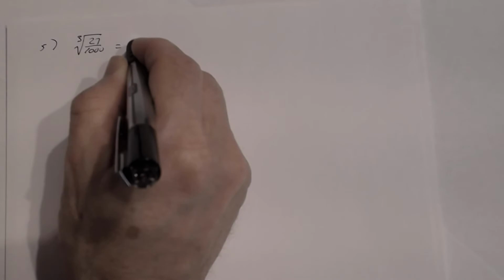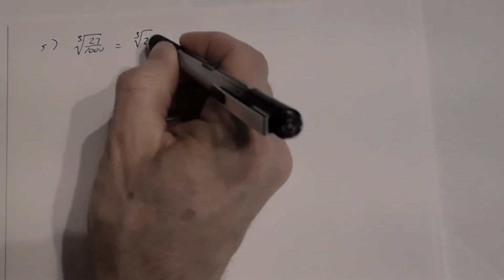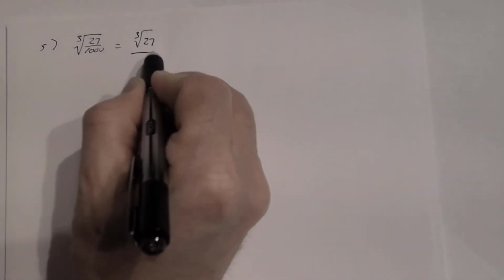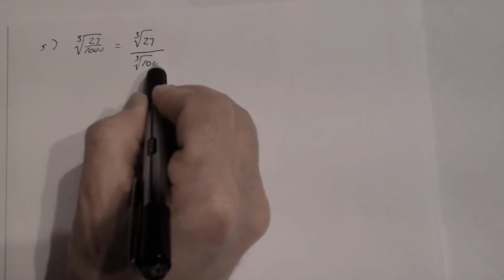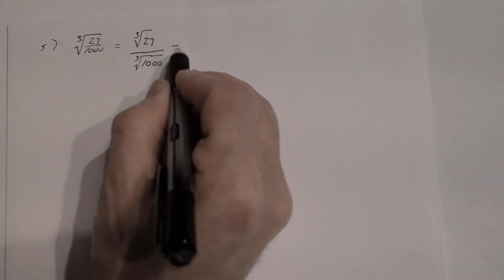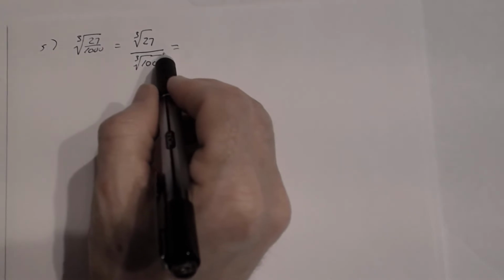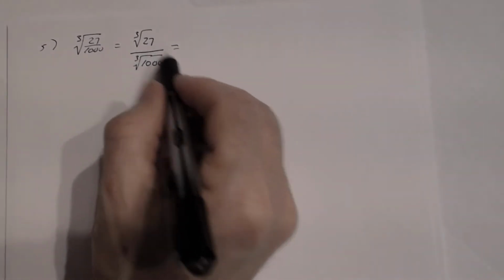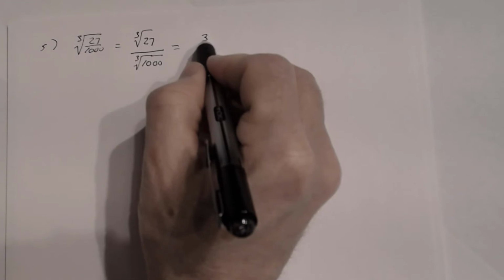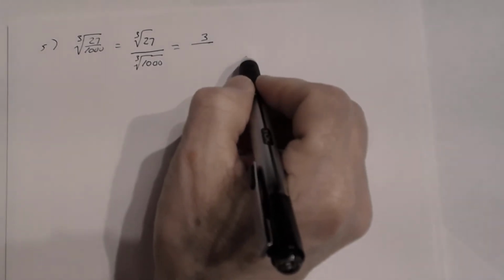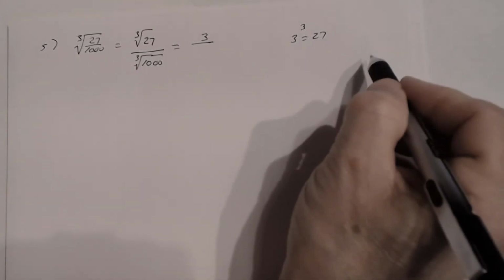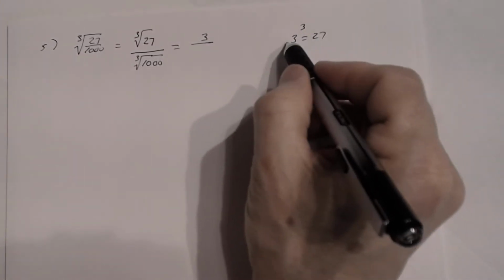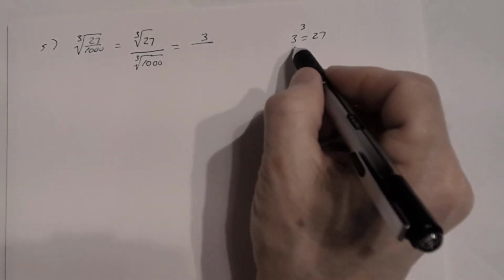So this is going to be the cube root of 27 divided by the cube root of 1,000. The numerator is easy. What number times itself 3 times is 27? Well, that's 3, because 3 times 3 is 9, 9 times 3 is 27, right? So 3 cubed does equal 27. So the cube root of 27 is going to be 3.